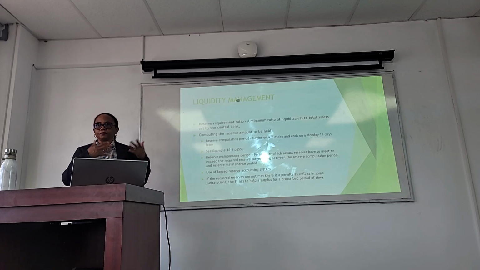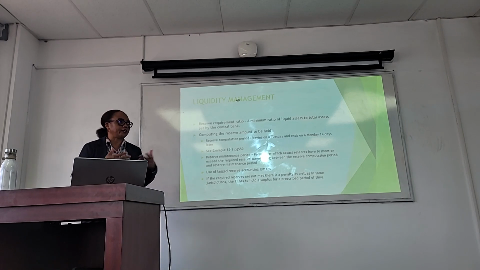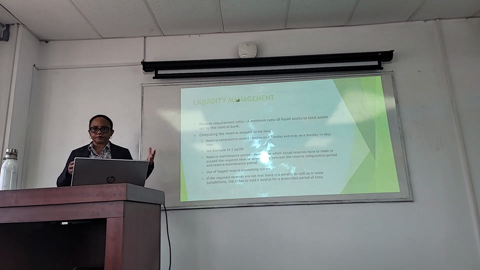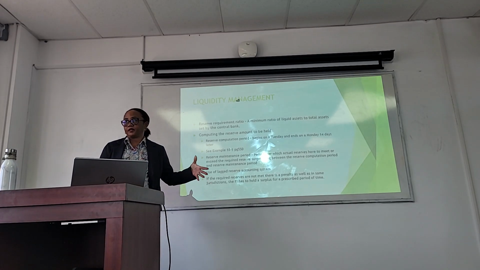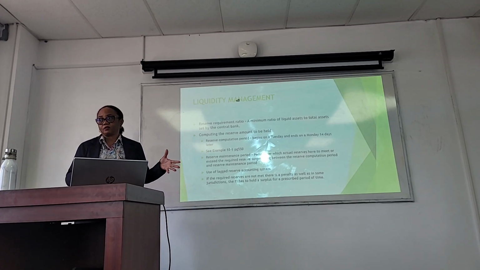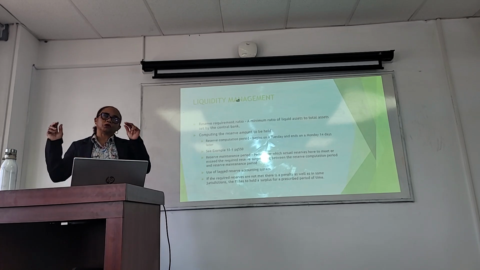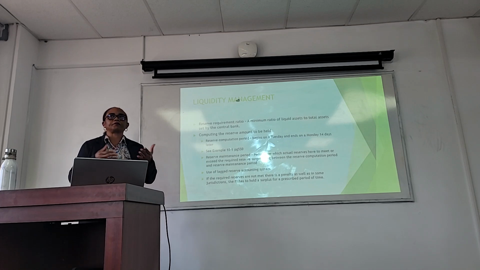And so eventually ECAB would have taken on some of its good assets, whatever good ones it had left, whereas the government would have, quote unquote, taken on the responsibility for those depositors who had deposits over a certain amount.